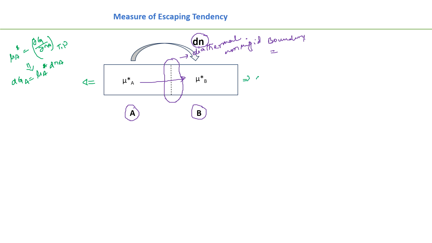Now for dGB, the change in free energy for subsystem B, we can write mu B star dnB.